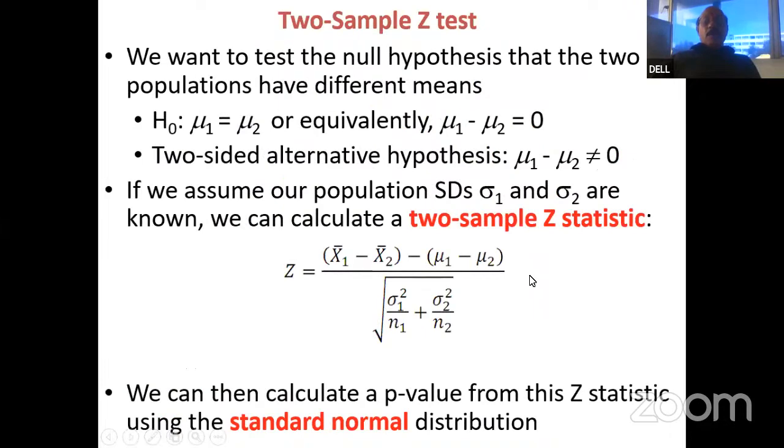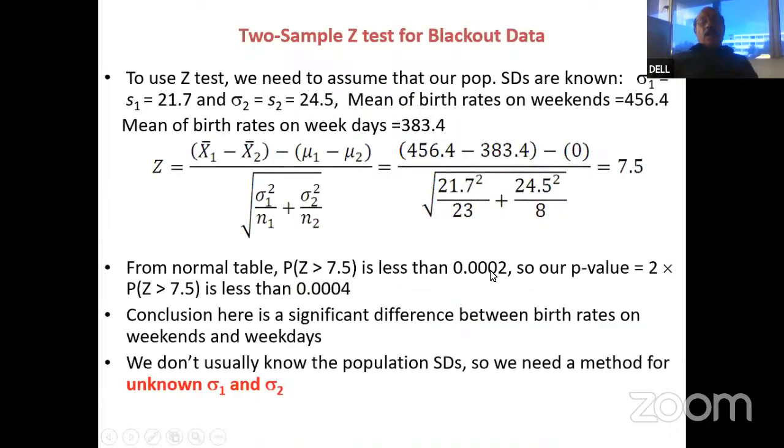So based on that, one example. To use the Z test, we need to assume that our population standard deviations sigma 1 and sigma 2 are known. If the population standard deviation is not known, obviously we have to take its estimate as the sample standard deviation, S1.